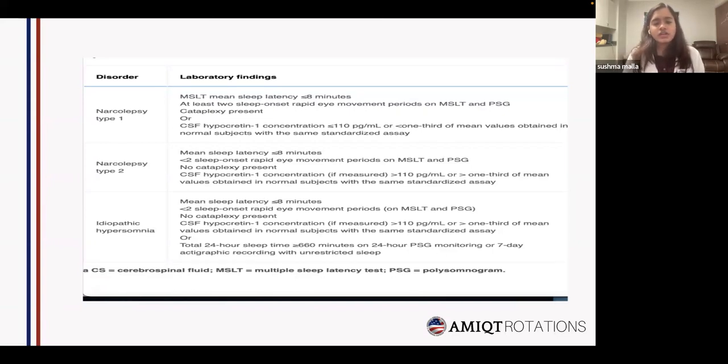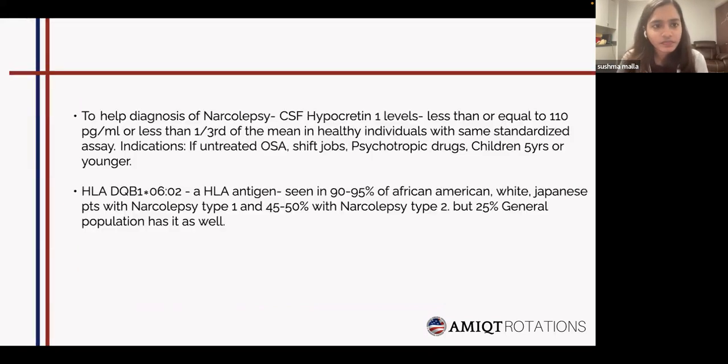There are also some reports that suggest it could be a narcolepsy spectrum, in which narcolepsy type 2 and idiopathic hypersomnia could be placed, but it is still not used in the mainstream.